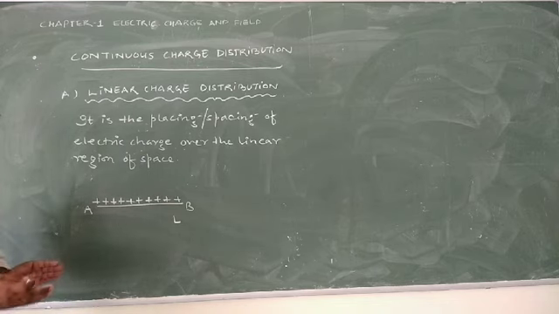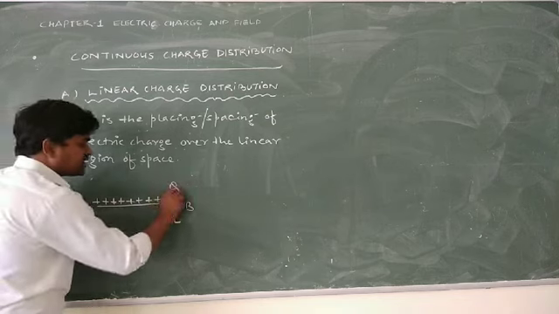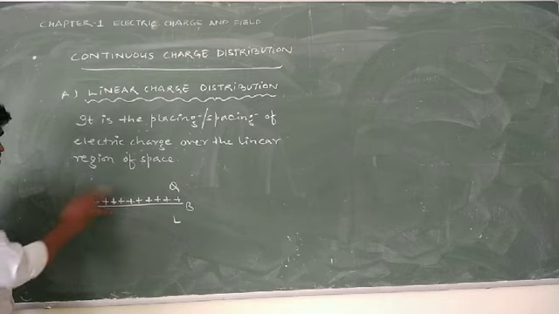It means we have to place the charges very closely without having space between them. Suppose these are a few charges placed over this length L. So this distribution is the linear charge distribution.